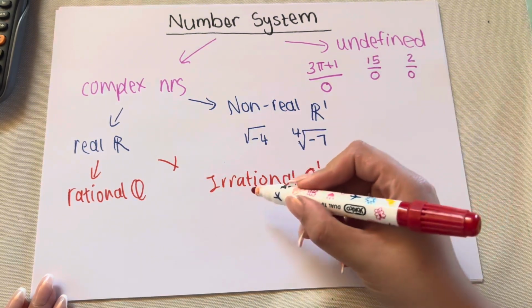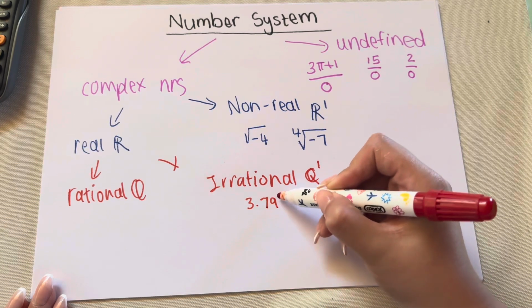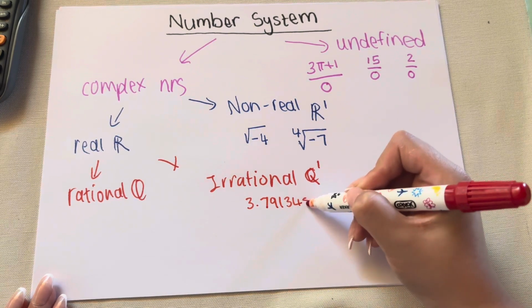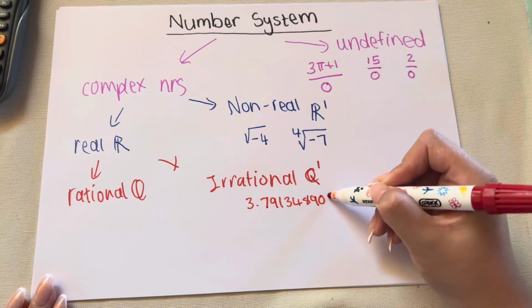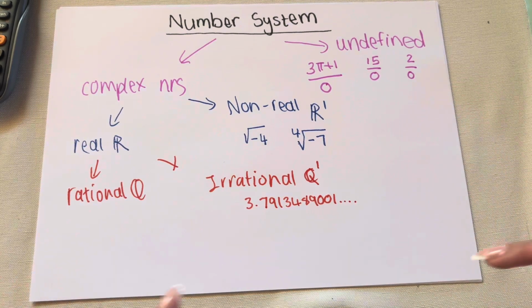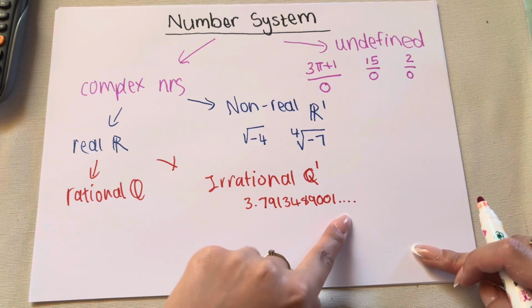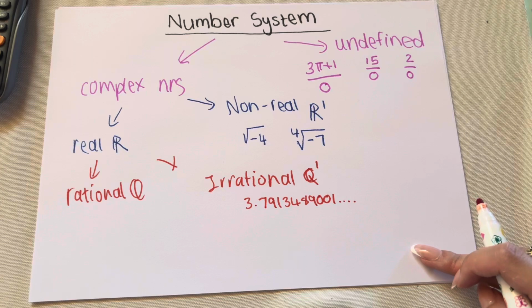Examples of this can include numbers like 3.79134890001 and so on, carrying on forever. What we see here is there is no end and no pattern apparent in the decimals, right?